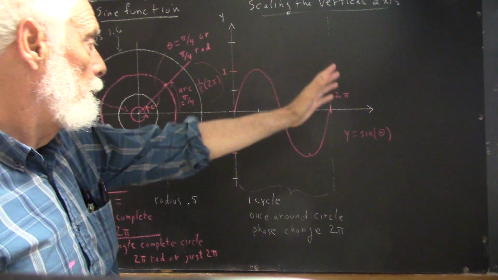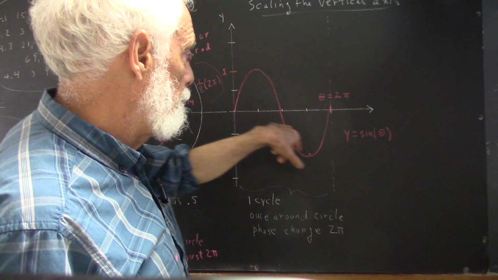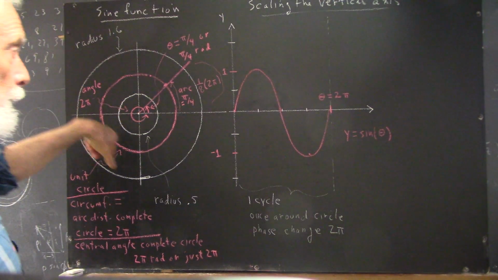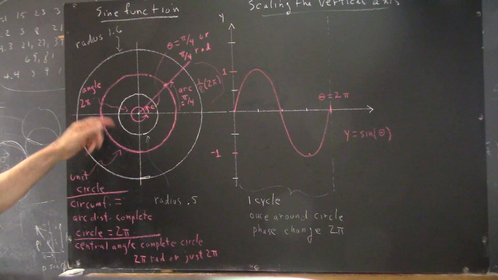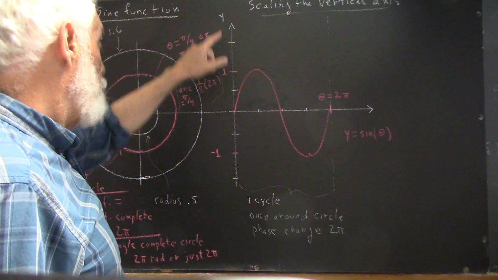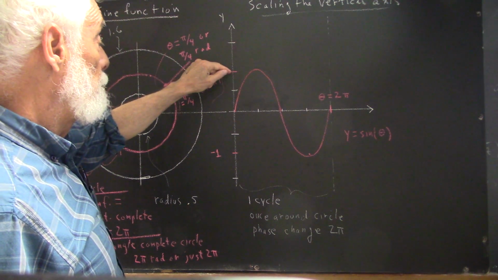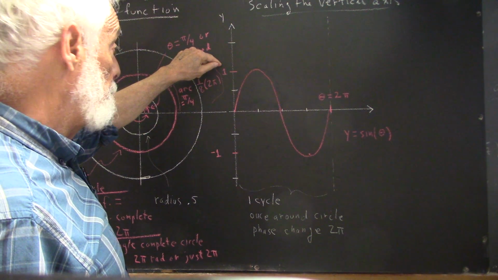Okay, well, over here I've sketched a graph of the sine function corresponding to the unit circle. This is a unit circle. This point projects straight over to the point on the y-axis where y equals -1. This point projects over to the point where y equals 1.